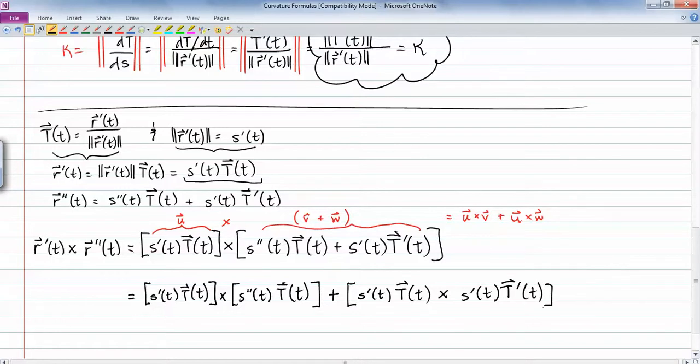When you're taking the cross product of things that have scalars in front of the vectors, you can bring out those scalars in front, and you get s prime t, s double prime t, T of t cross T of t.